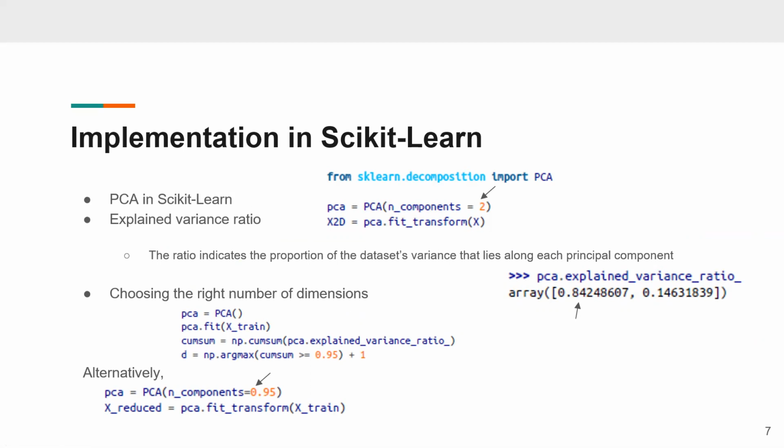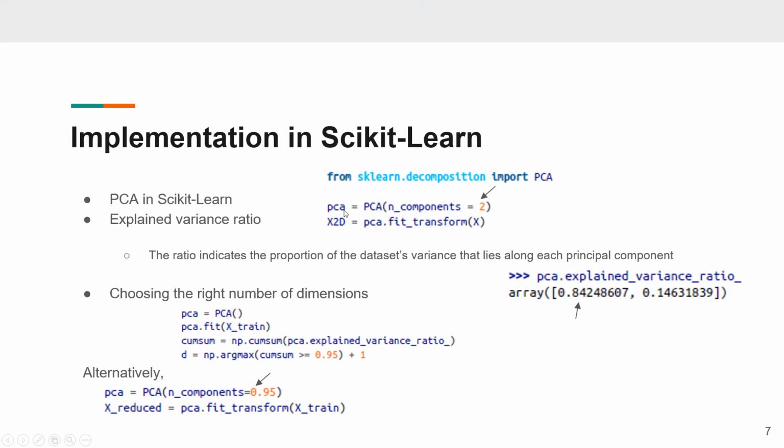How about we implement this in scikit-learn, or leverage what's available in scikit-learn to achieve PCA? You import the PCA class, and then you define the number of components as 2, as an example for the data that we just studied.